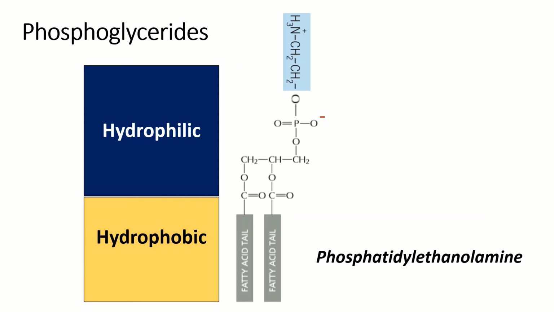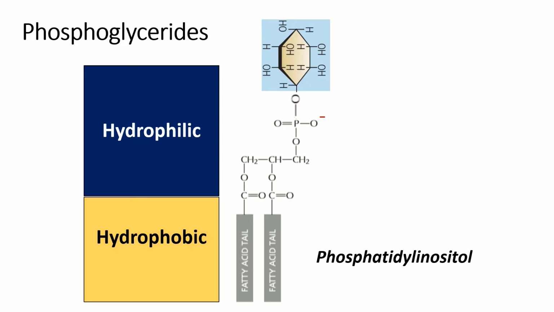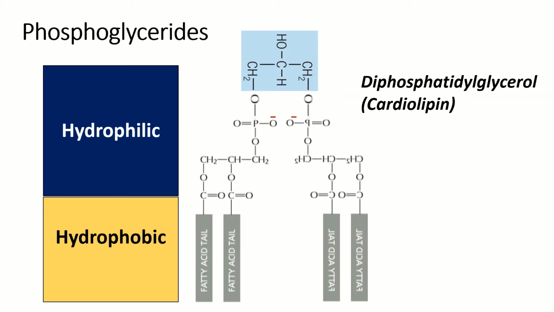Then we have phosphatidylethanolamine. And then we have phosphatidylinositol. And we also have this phospholipid, which has sort of a unique structure. This is diphosphatidylglycerol or cardiolipin.